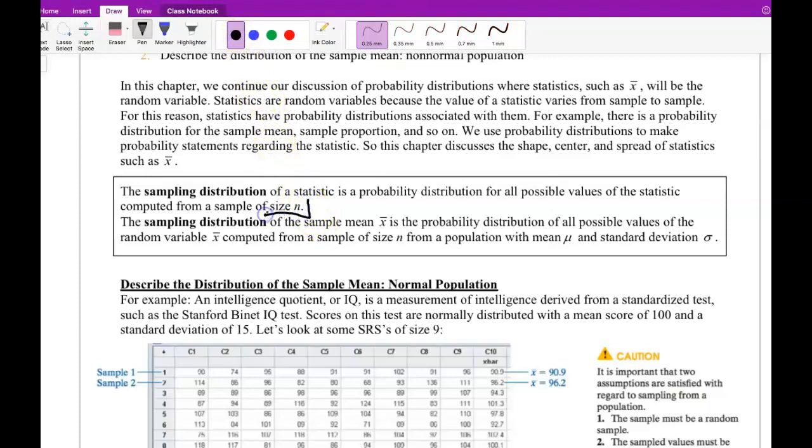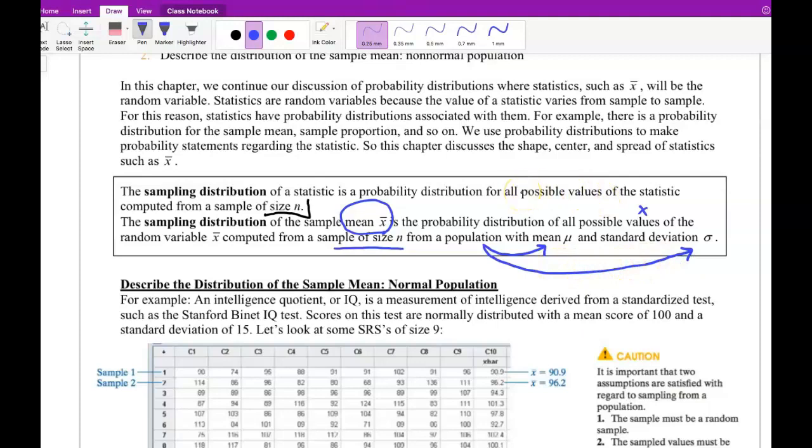The sampling distribution of the sample mean x bar is the probability distribution of all possible values of x bar, again with a sample size of n from a population. For the population, the mean is mu and the standard deviation is this part.